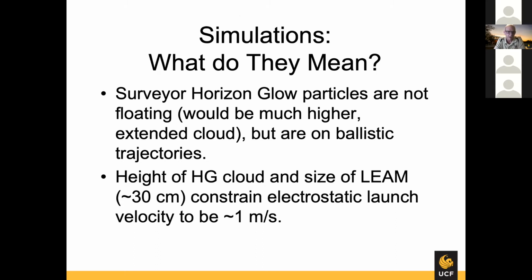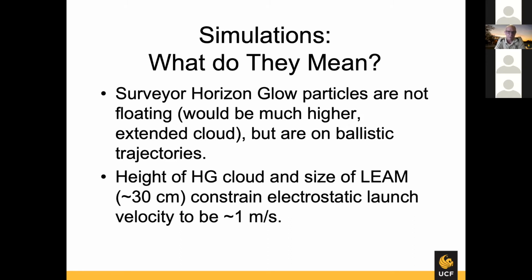That would be a much higher cloud and much more extended. And the analysis of those pictures shows that the height of the horizon glow cloud is only about 30 centimeters above the lunar surface. That LEAM instrument, the lunar ejecta and meteorites detector, is also about 30 centimeters tall. So those two measurements of dust moving over the lunar surface give a scale height of about 30 centimeters.